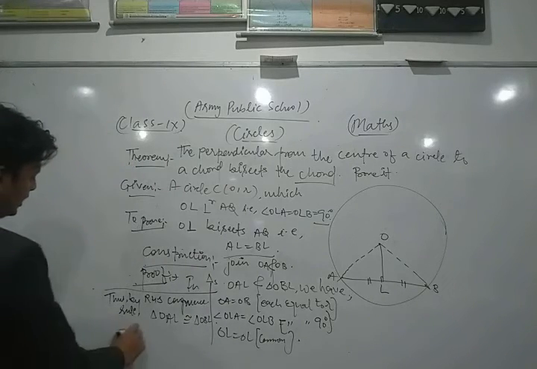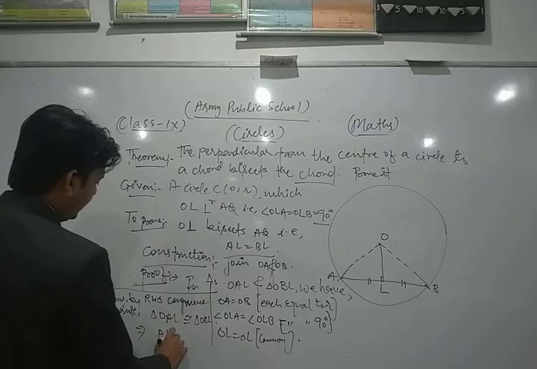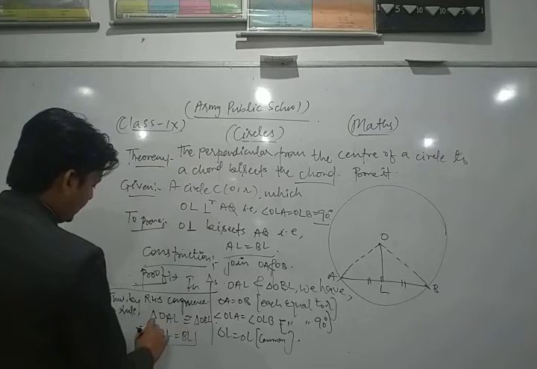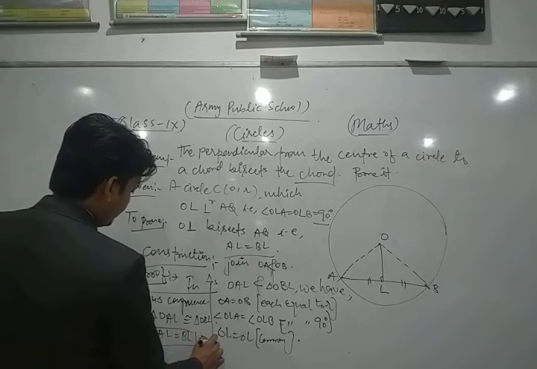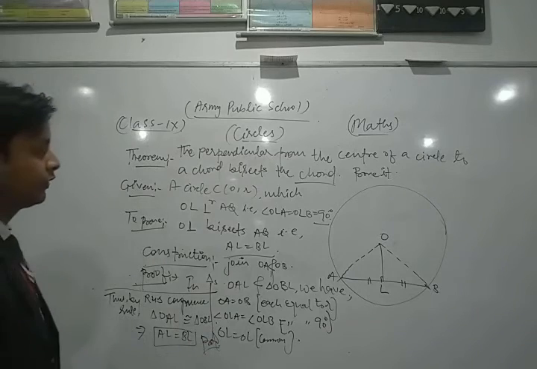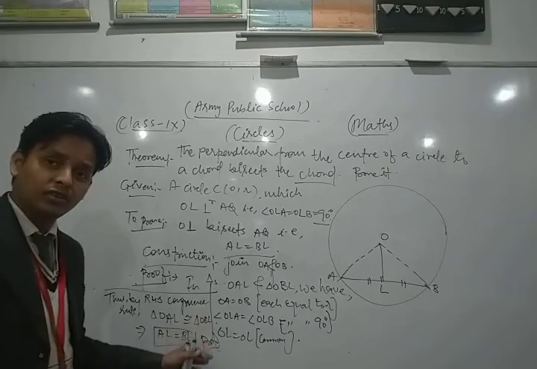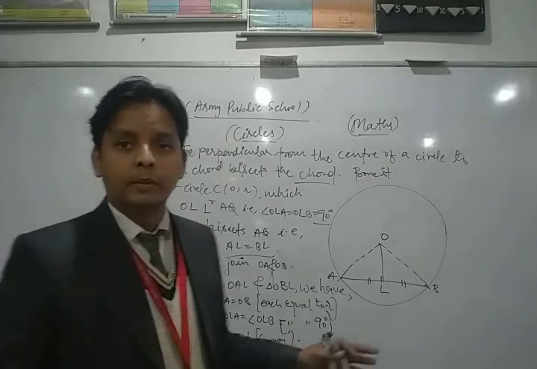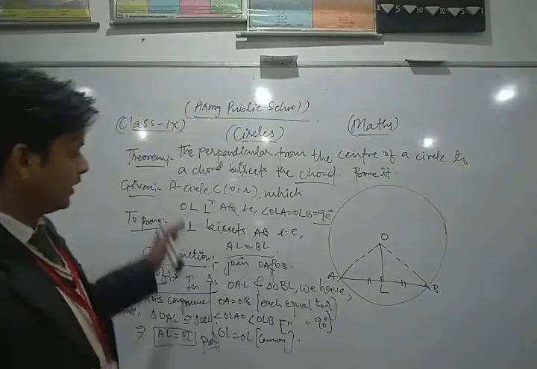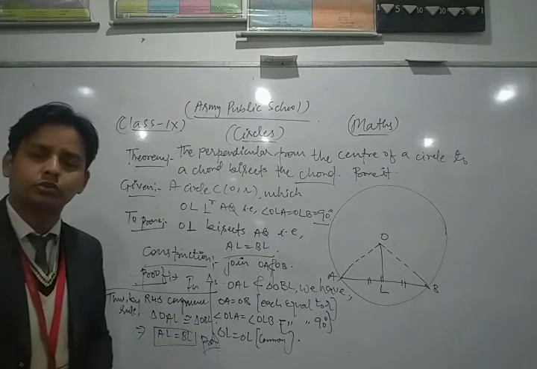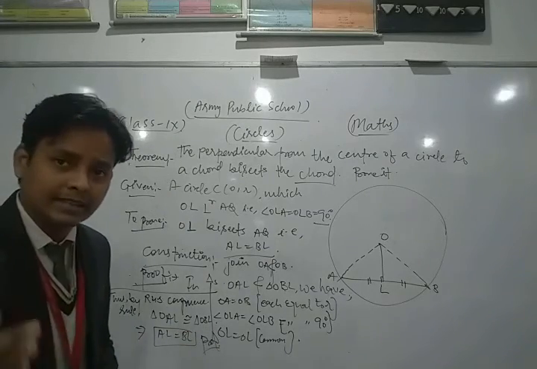Thus, by CPCT, we get AL is equal to BL. Hence proved. In this way, we can say that the perpendicular drawn from the center of the circle to the chord bisects the chord. This is a very important result, and there are so many important questions in your NCERT exercise based on this topic.